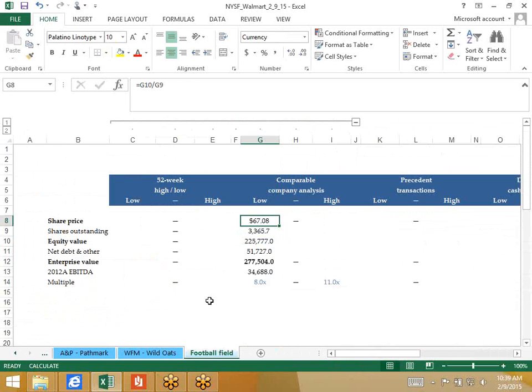So based on the low end of the comp's range, it could be trading as low as $67. Now, if you said, well, I'm going to take the literal high, which is like 8.1, it changes it by $1, right? So my point is to not get too hung up on the little decimal details. That's the point of getting a range for each of these analyses.